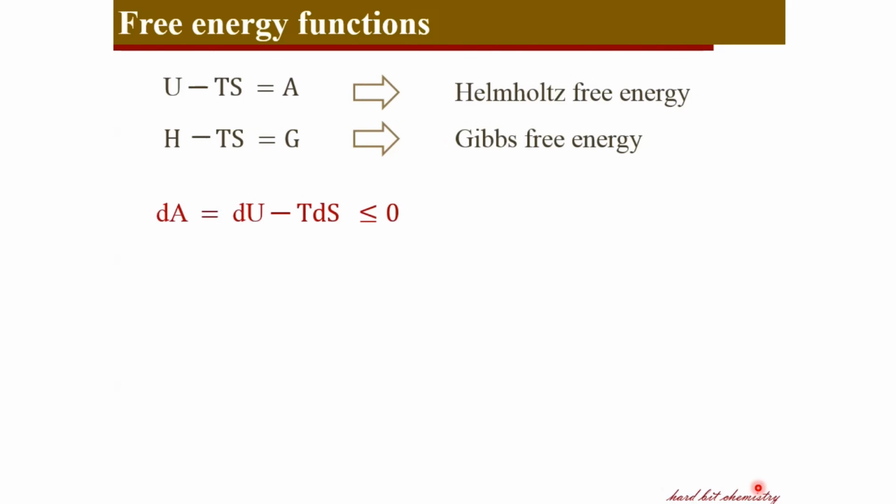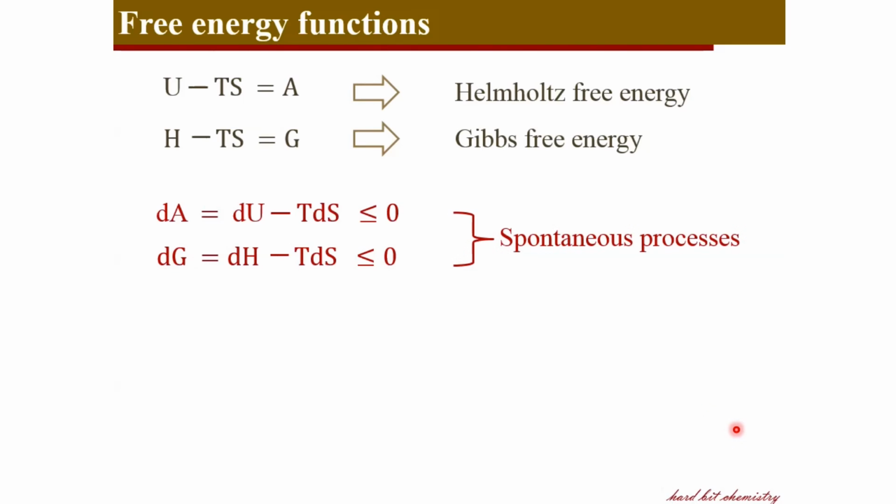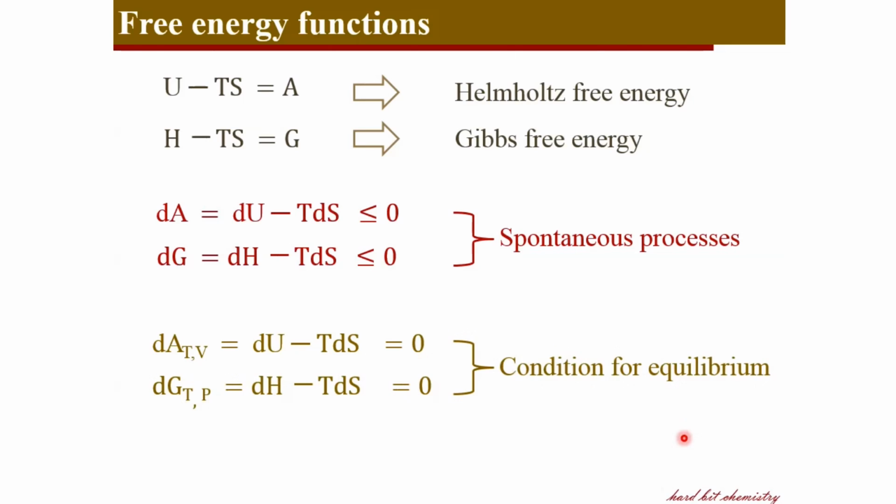So change in Helmholtz free energy during a process by definition is dU minus TdS, and based on the Clausius inequality for spontaneous process we get this expression, and likewise we get the expression in terms of Gibbs free energy. And these two expressions define spontaneous processes, and the expression that is equated to 0 gives the condition for equilibrium processes.